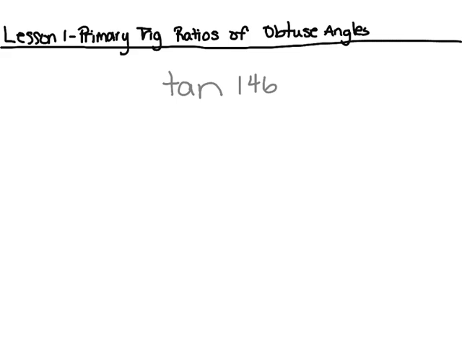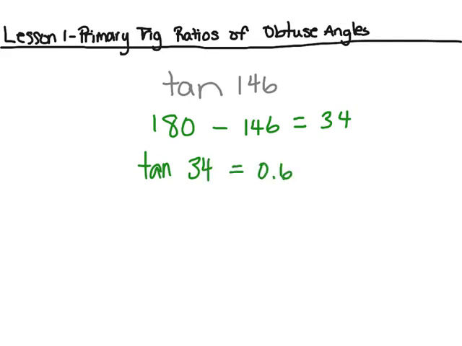Now we're going to do the tan of 146. We're going to take 180 minus 146, and you should get 34. The tan of 34 is equal to 0.6745. The tan of 146 is equal to negative 0.6745.